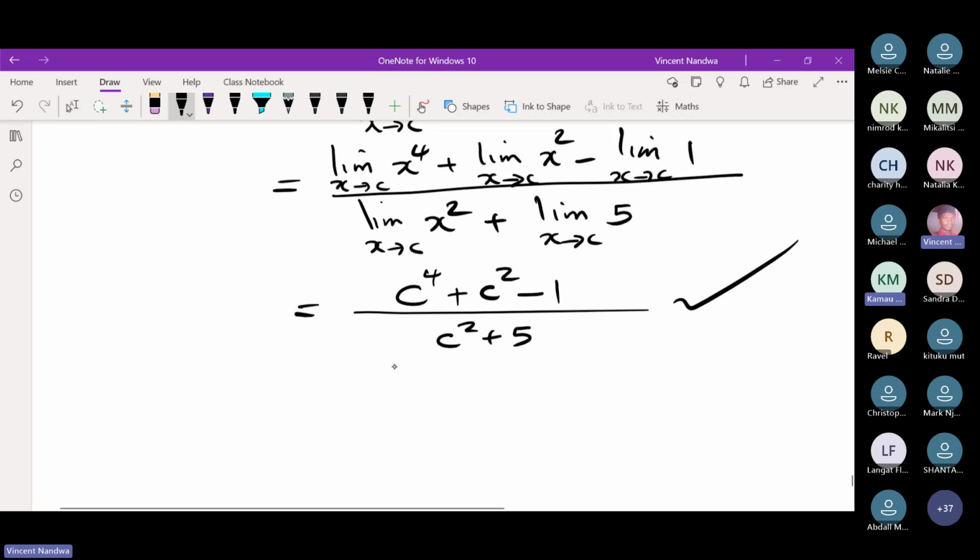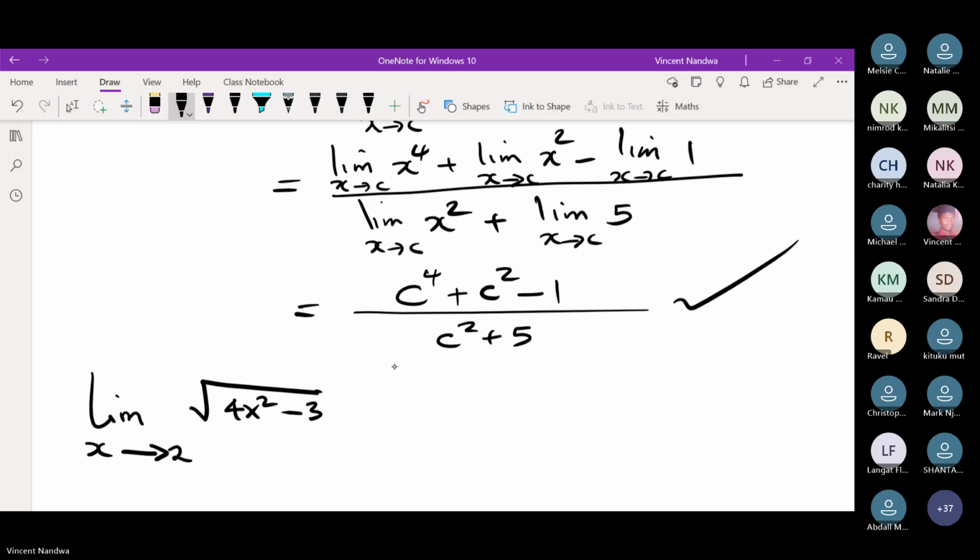Then lastly, we have the limit as x approaches 2 of the square root of 4x squared minus 3. What is the first rule to be applied in this case? Root rule. The root rule says that we'll have the square root and we bring in the limit.